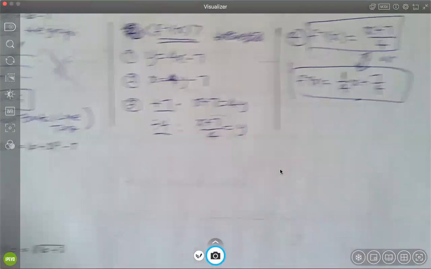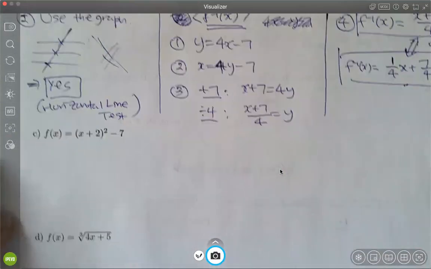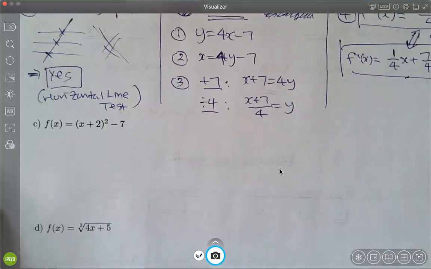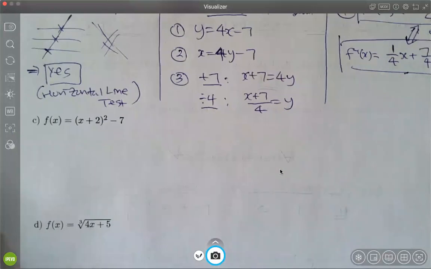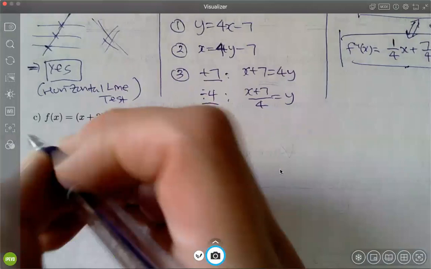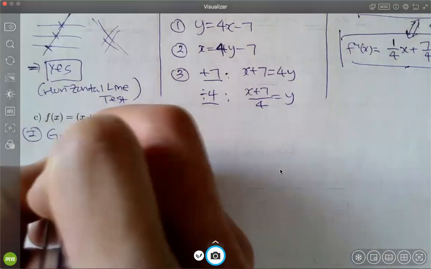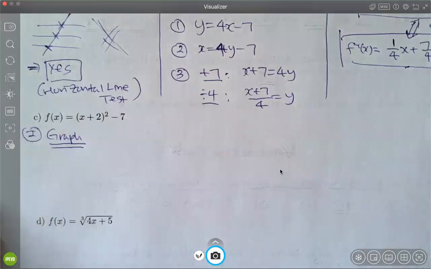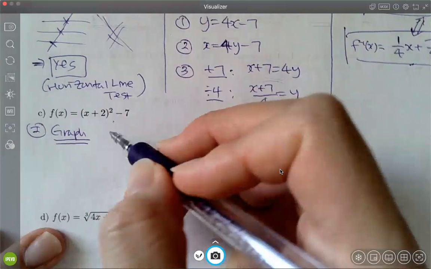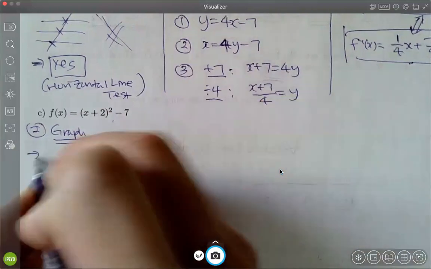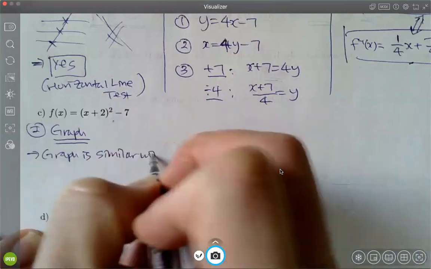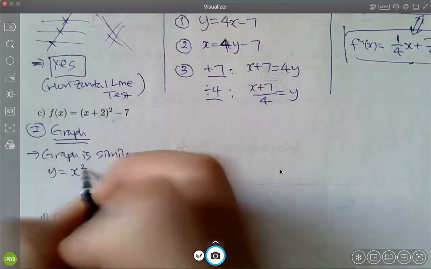Okay, so now that was B, and then C: x plus 2 quantity squared minus 7. So now let's use the graph. This one looks a little bit hard, but notice that this graph is quite similar to the graph of y equals x squared.